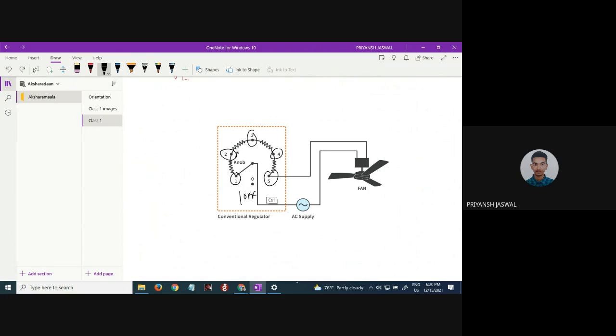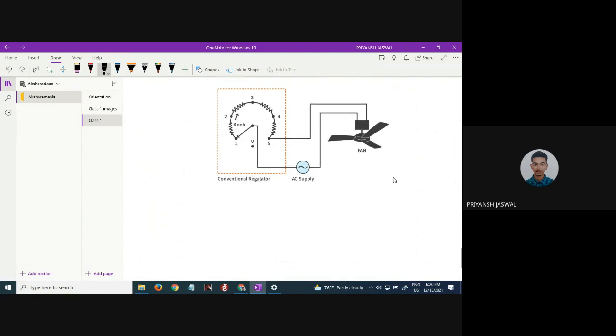So how do these numbers depict the speed of the fan which is connected to the AC power supply? For now, we will just consider electrical resistance and ignore the capacitance and inductance, just for understanding how the regulator works. Only electrical resistance will be considered.